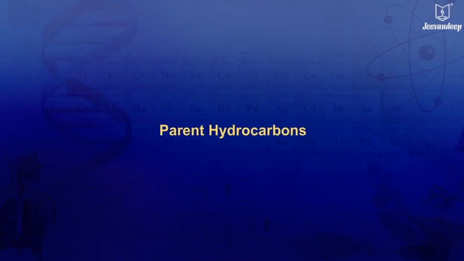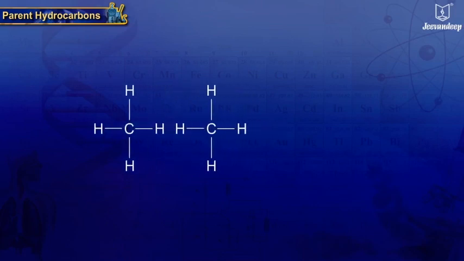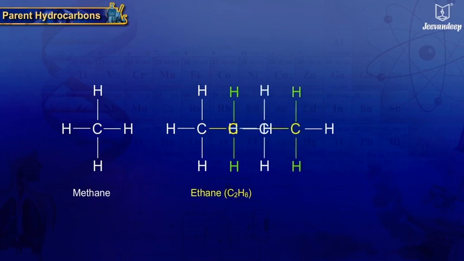Parent hydrocarbons. Methane, CH4, is a saturated hydrocarbon and an alkane. If we increase the number of carbon atoms by 1 and the number of hydrogen atoms by 2, then we will get a compound C2H6. This is ethane and is the next member in the family of alkanes.